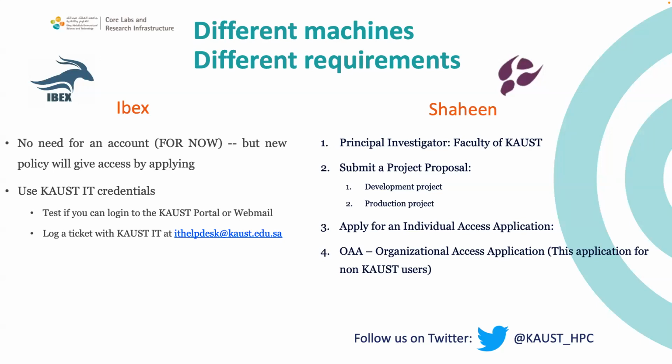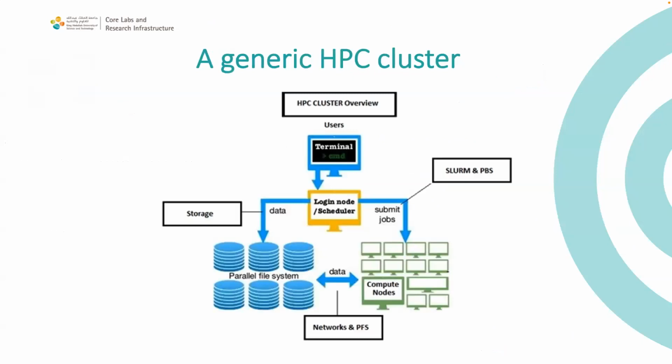Okay. Now, let's talk about something that I want to emphasize. This is a very generic view of what a high-performance computing cluster is, right? You have a login node, which is the terminal thing that you see there, that is connected to the yellow screen there.